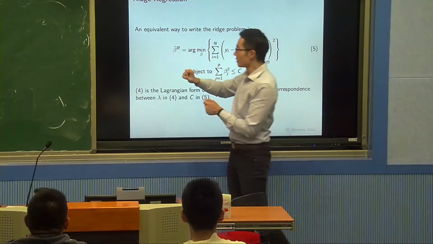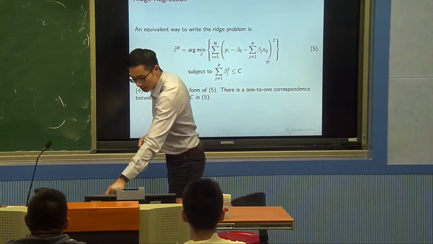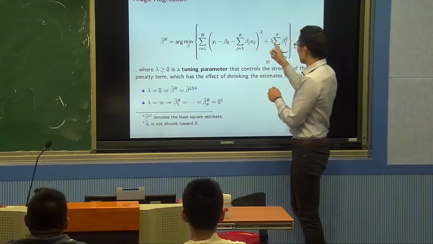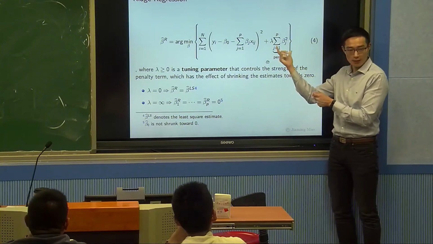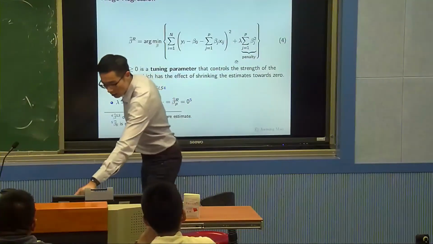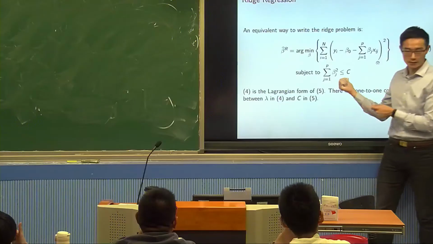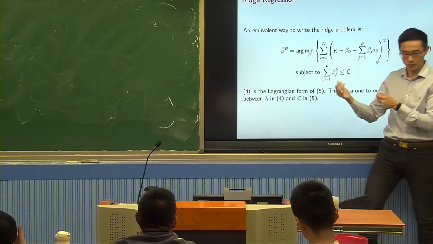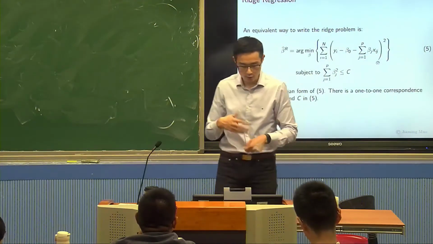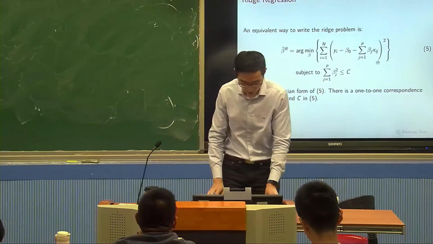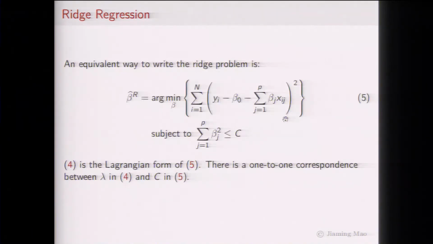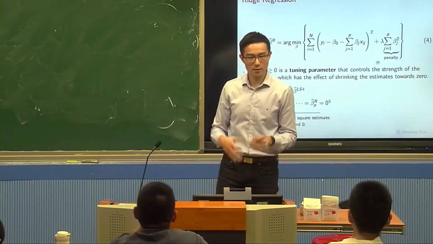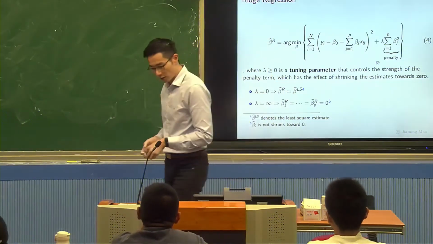The larger this lambda is, the more we penalize the beta, so the larger lambda corresponds to a smaller C. We're forcing the beta to be smaller, but it's exactly the same, just a one-on-one correspondence. There's no difference between the two formulations. So this is the basic scheme of ridge regression.